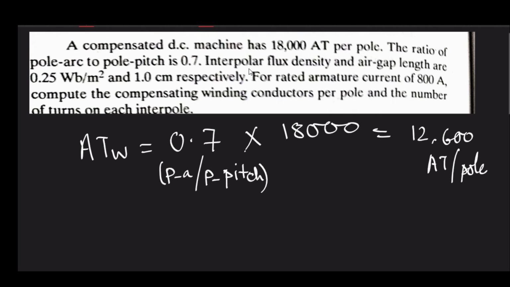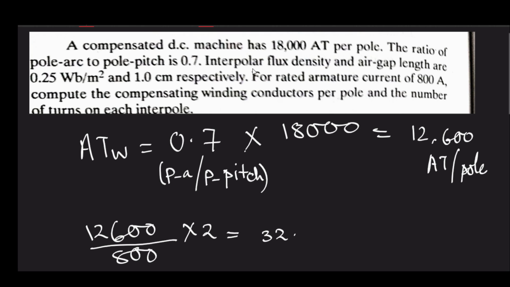So compensating winding conductors per pole will be how much? 12,600 divided by 800 into 2, because compensating winding is also connected in series, so that they will also carry 800. The total will be 32 as per the book calculation. Please verify those calculations by yourself.